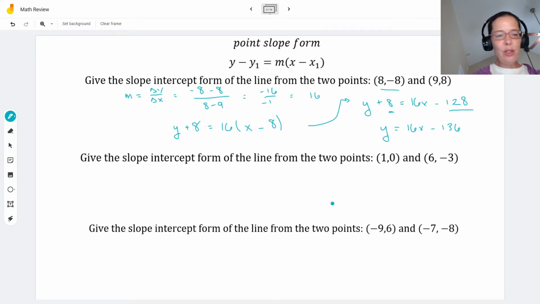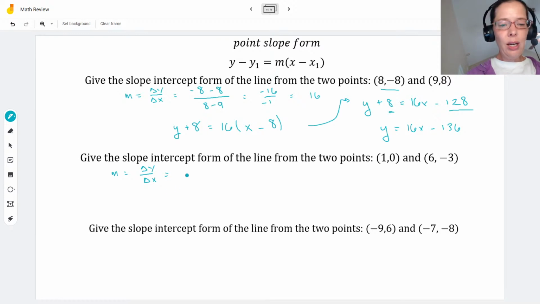Let's go on to the next one. Still the same thing. Slope is change in y over change in x. And one thing you can do if you come back and want to rework these problems is work them in the opposite way that I have worked them, and just make sure you get the same equation for the line.